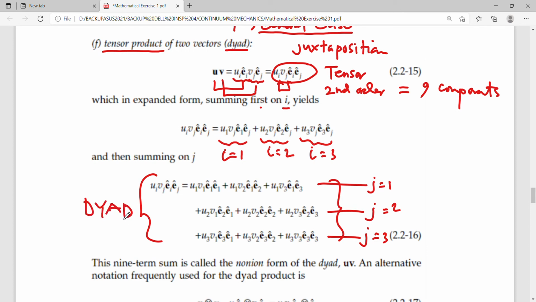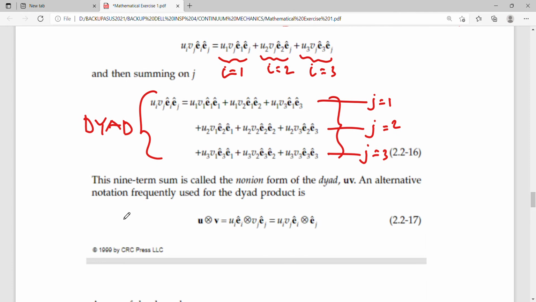A dyad is simply a 9-term sum, which is also called the nonion form of the dyad. Nonion means it has 9 components, but they are made to be a single component because of the sum. Of course, when you do the summation, you cannot easily consider it as a scalar quantity since the directional vectors are different from each other.